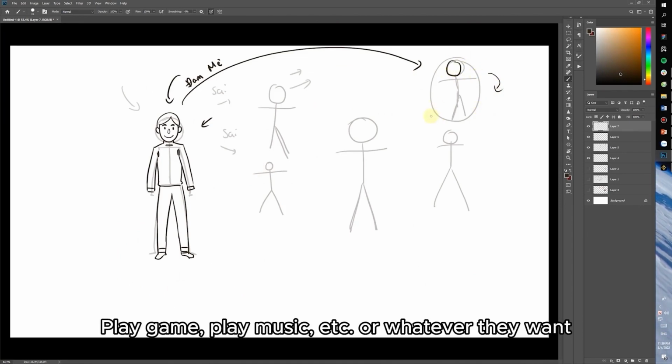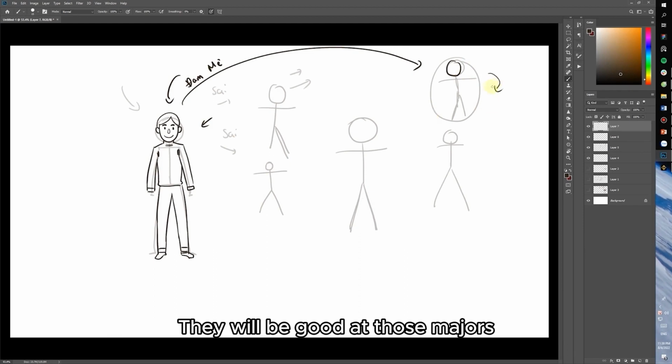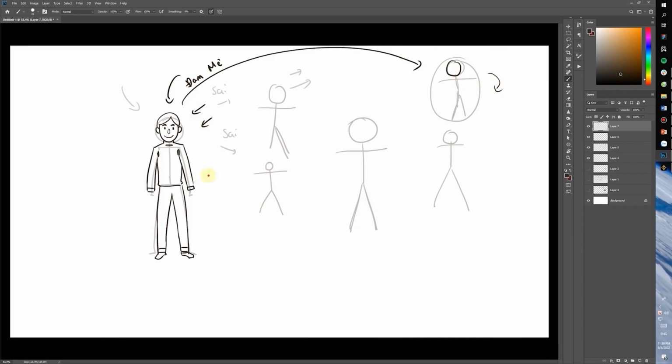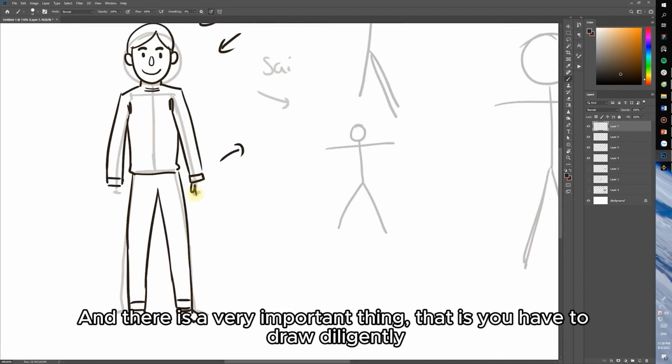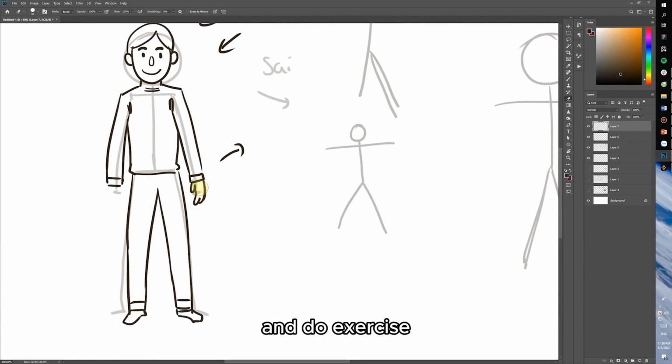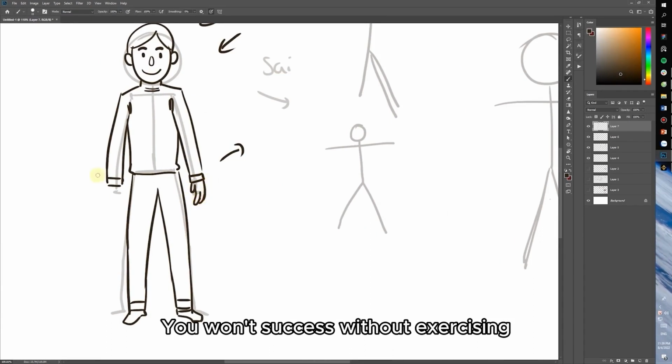Play games, play music, etc., or whatever they want. They will be good at those majors. And when we focus on drawing, I assure you that you will improve a lot. And there is a very important thing. That is, you have to draw diligently and do exercises. You won't succeed without exercising.